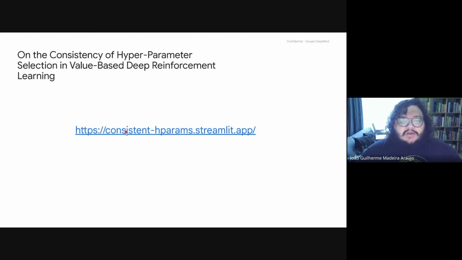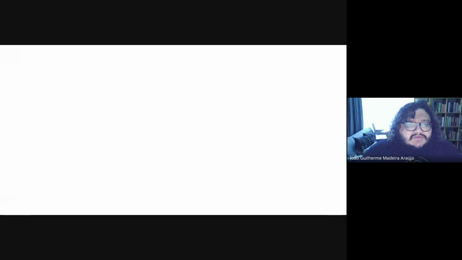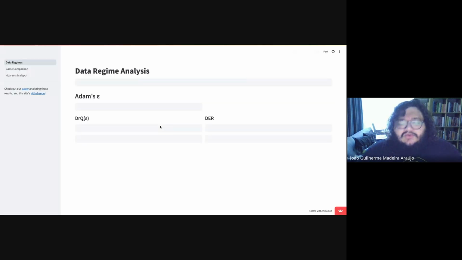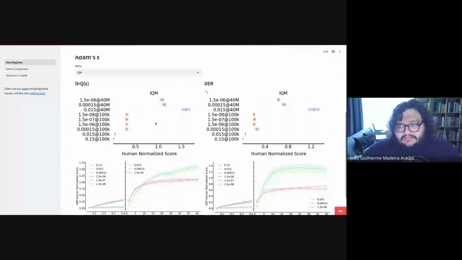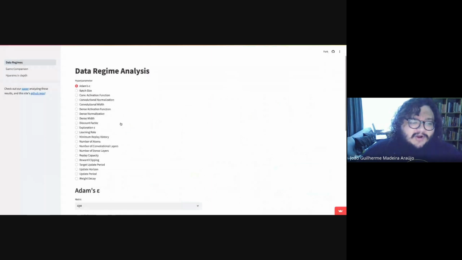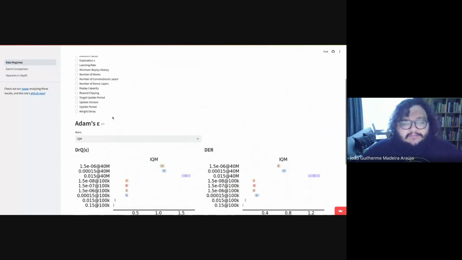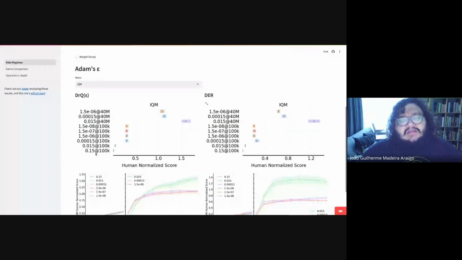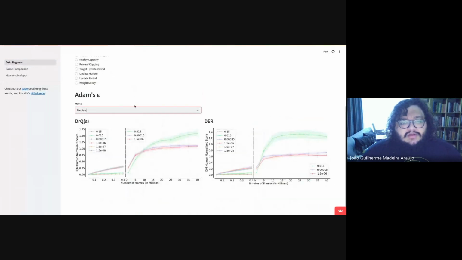Okay, and also we have the website. Let's share this tab. It's loading, okay. And here you can look at basically all of our plots and results. You can also look at the GitHub repo. And here you can look at specific metrics like IQM, mean, median. The median is kind of broken, but okay.